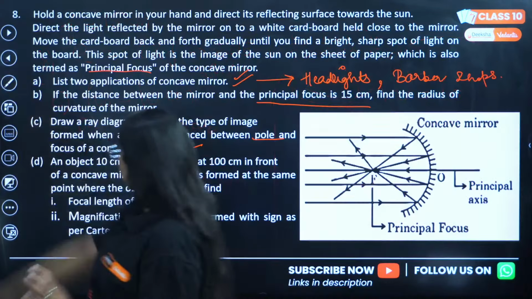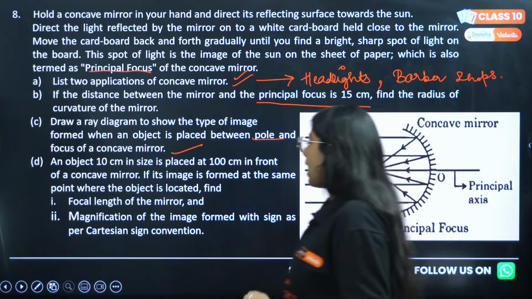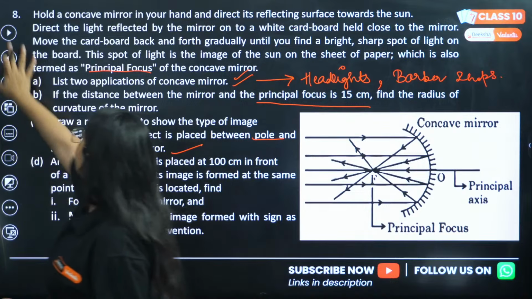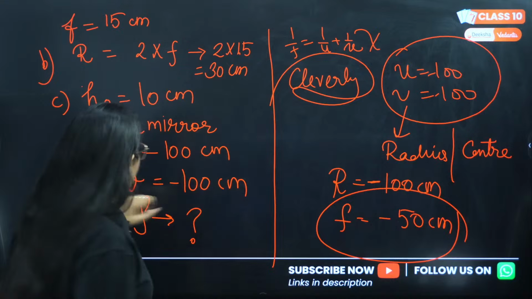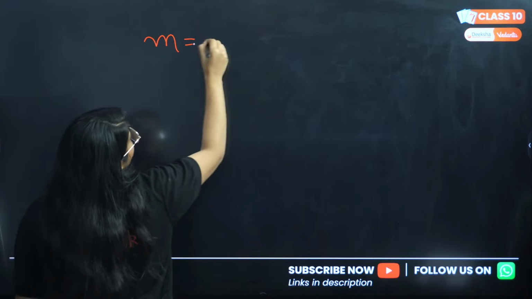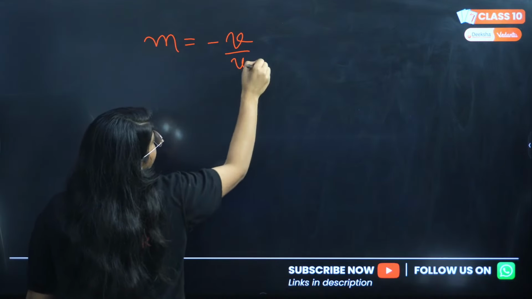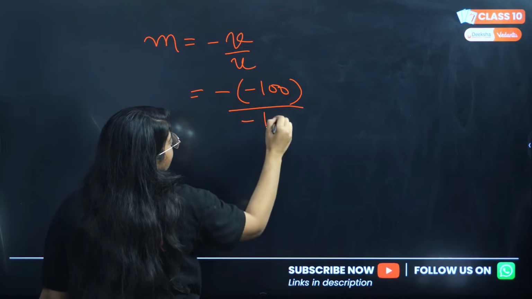Correct? They have asked one more thing. Magnification of the image formed with the sign as per new Cartesian convention. Okay, so we have V by U, and we know the formula of magnification is what? For mirror, it's minus V by U. Correct? This is minus 100 divided by minus 100.